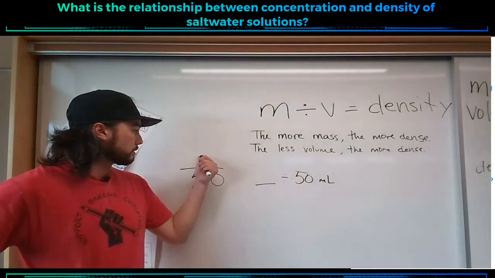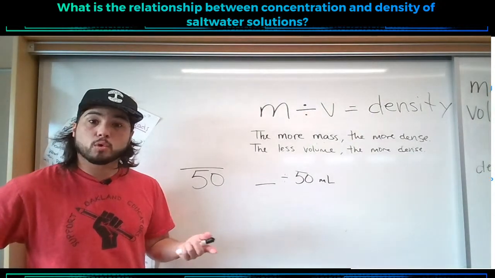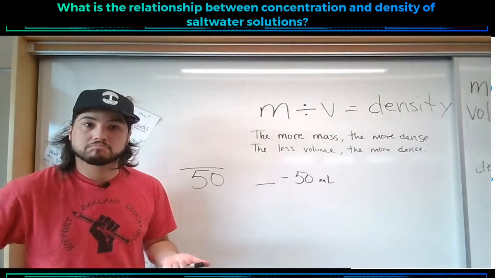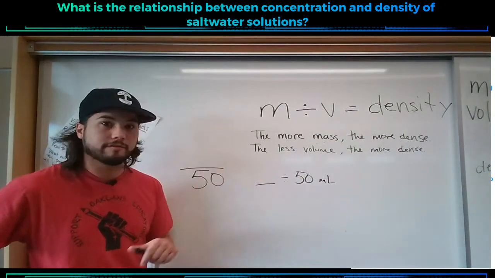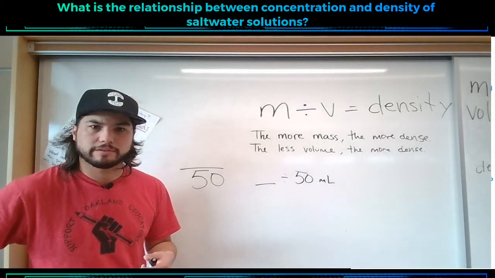So if this was 100 grams over 50 milliliters, it's going to be more dense than 50 grams over 50 milliliters, because 100 fiftieths is more than 50 fiftieths. It's just got a bigger value.